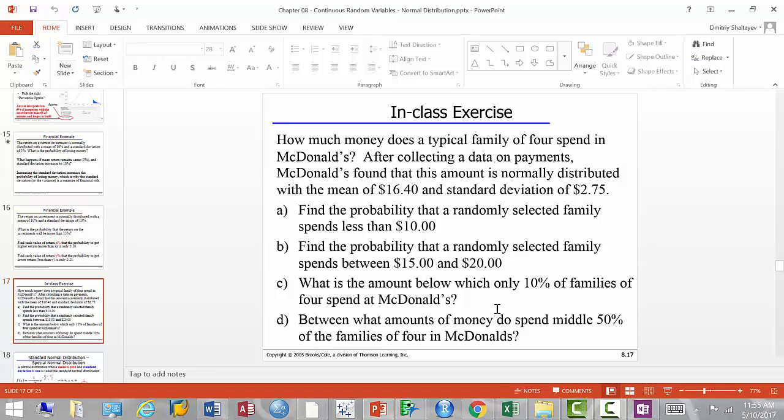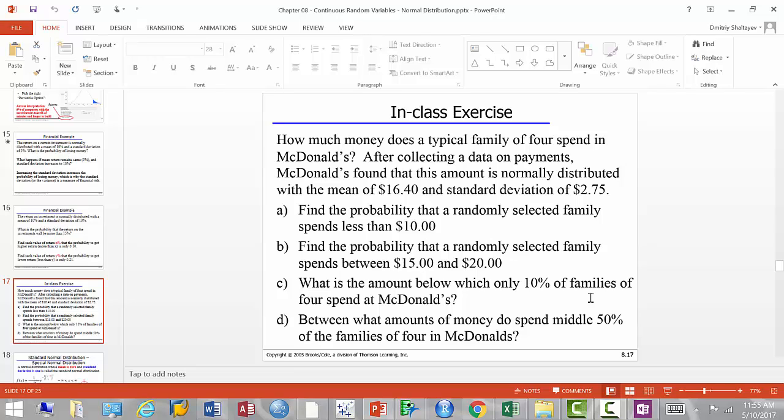So it's easy to compute these probabilities. Now let's take a look at the reverse problem. 2 other questions ask the reverse problem: knowing the probability, find the value. One of them asks about the 10% most economic families that do not spend a lot of money in McDonald's. Below what amount do only 10% of the families of 4 spend?